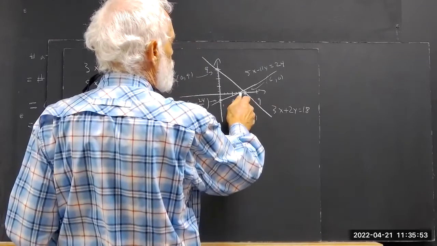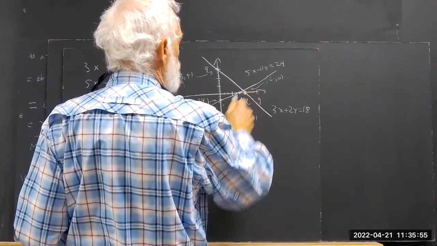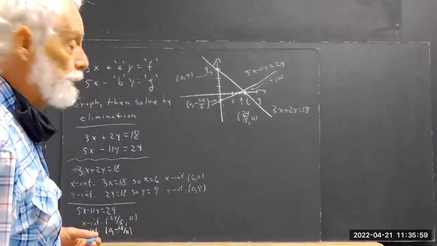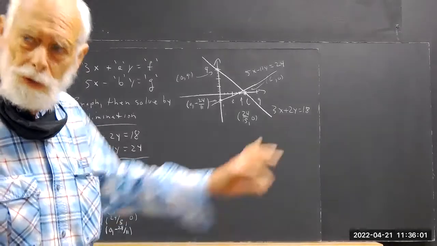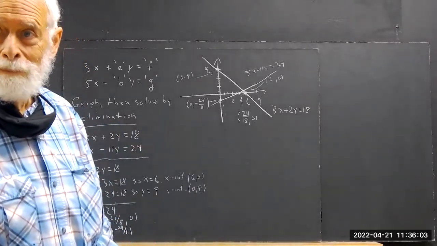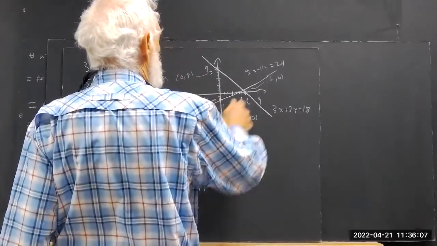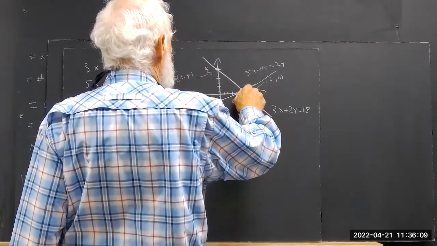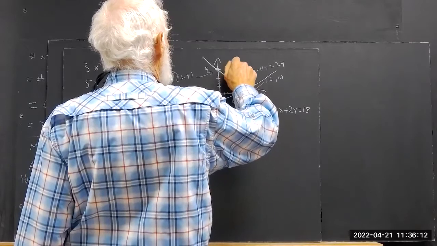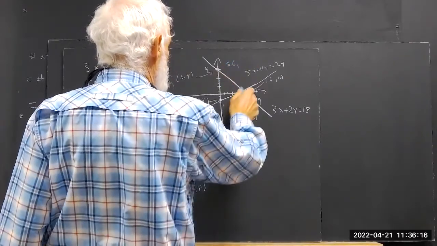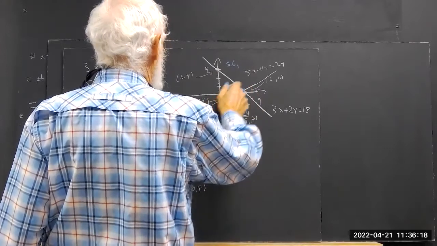Well, here's x equals 5, here's x equals 6. This looks like about 5.6. I'm looking at the graph a little closer than you are, and I don't have any great confidence that's a good estimate. But I'm going to say this point of intersection appears to be about 5.6, and over here it looks like 1.5.